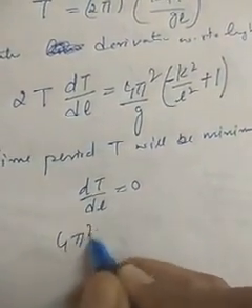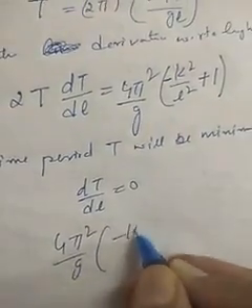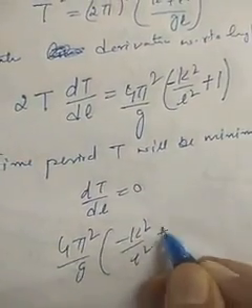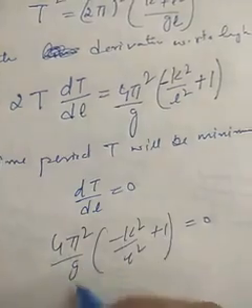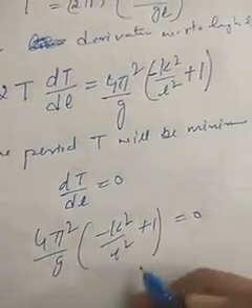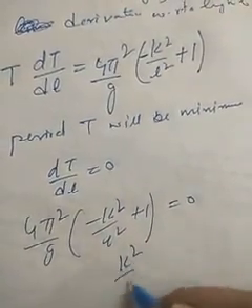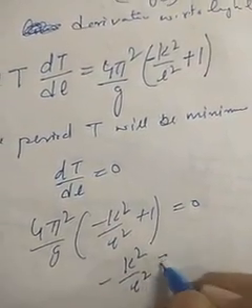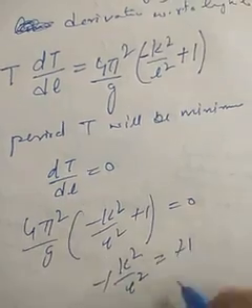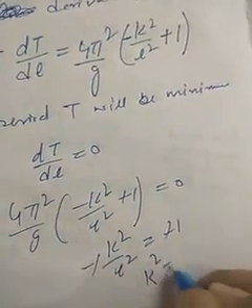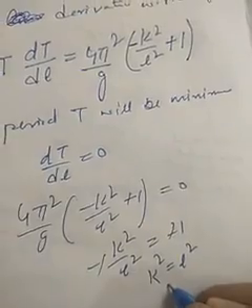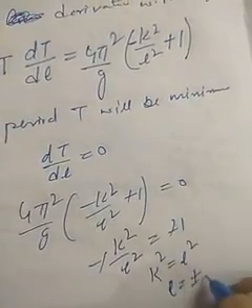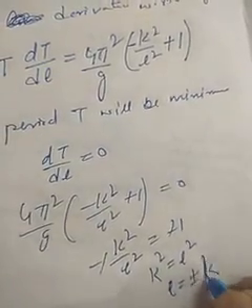So 4 pi square upon g times minus k square upon l square plus 1 should be equal to 0. 4 pi square upon g is not 0, so k square upon l square equals 1, so k square equals l square, or l equals plus minus k. We will take only the positive value.